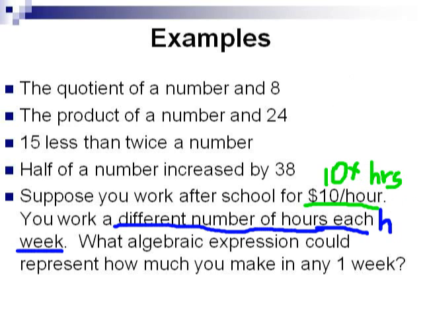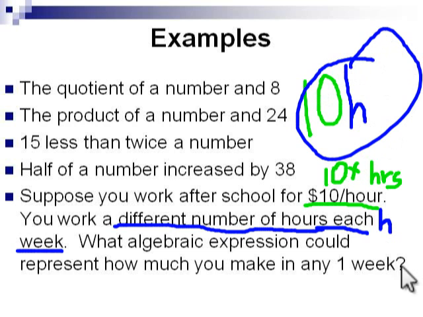Okay, so if we're going to do 10 times the number of hours, we're going to do 10, and then multiplication is implied here. Remember, we don't need a dot or anything. And H is our variable. So finally, our expression is 10H. And then we're done.